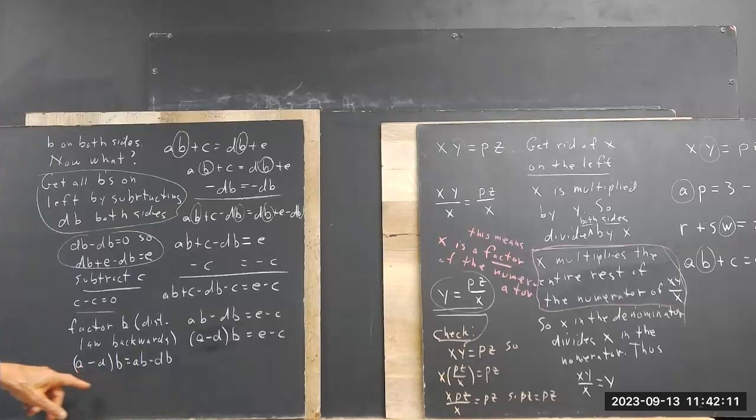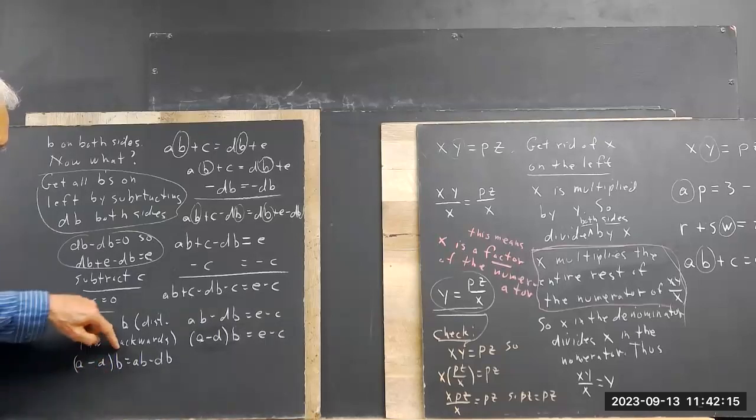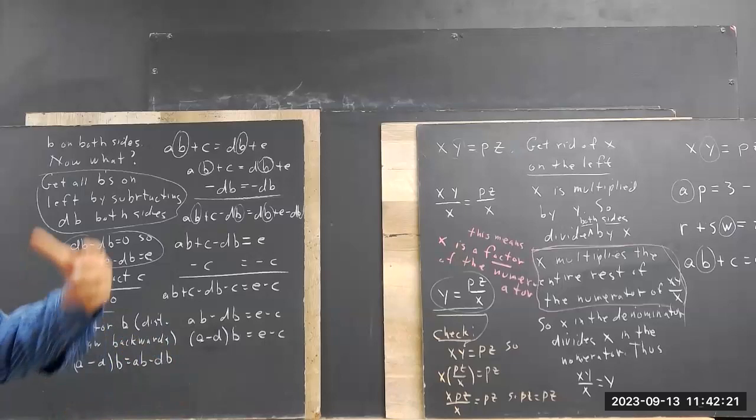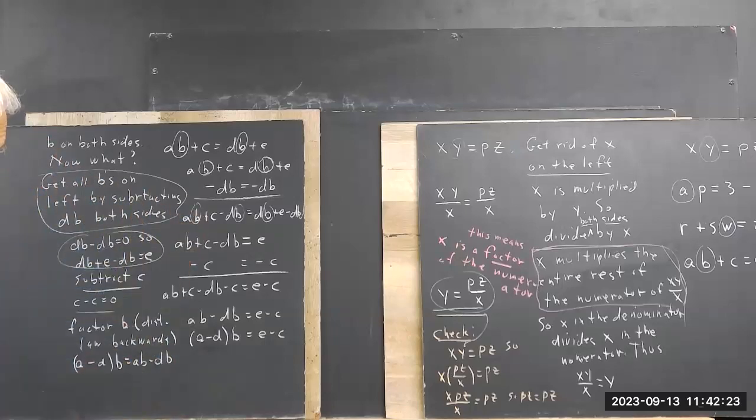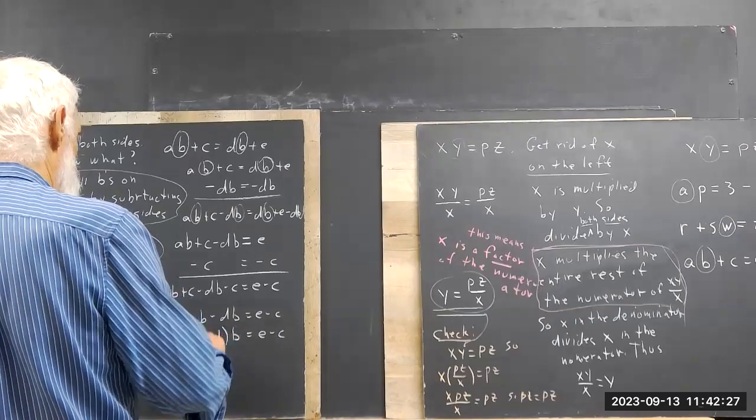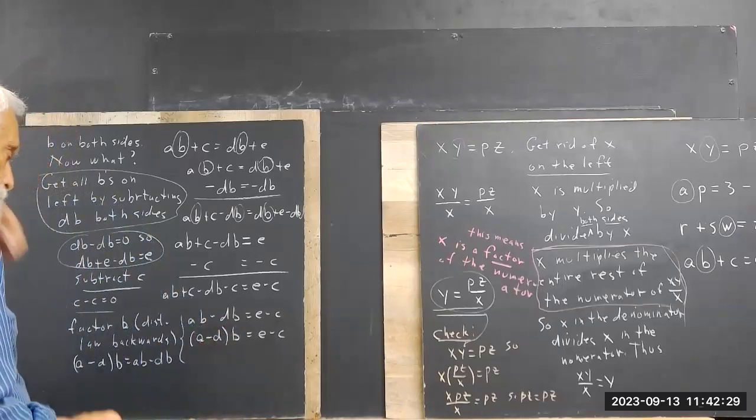We can't argue with this. A minus D multiplied by B means that A multiplies B and the minus D multiplies B. That's the distributive law, which of course we need to have deeply ingrained. So that's our reason for these two steps.